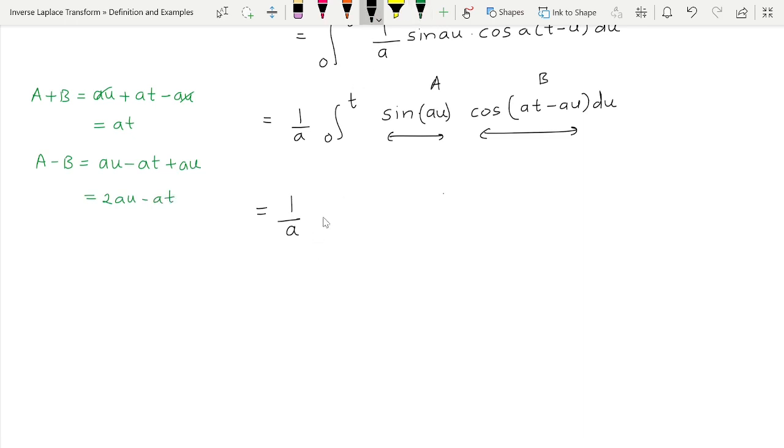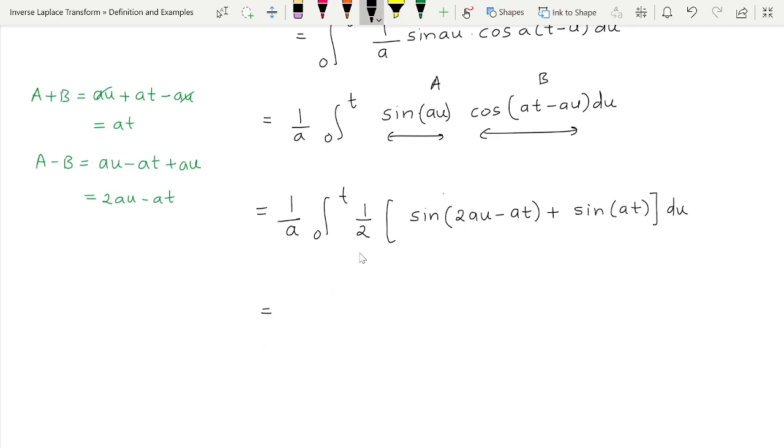So therefore this will be equal to integration 0 to t, 1 upon 2 inside the bracket, sine of A minus B, and my A minus B is 2au minus at, plus sine of A plus B, and my A plus B is at, and outside the integration is with respect to u.